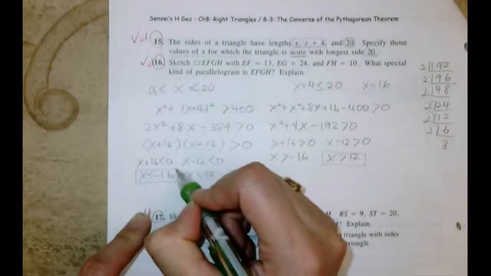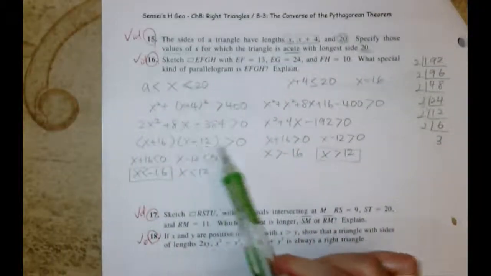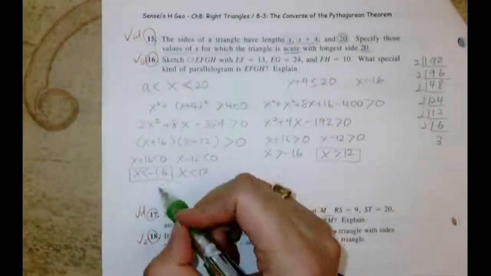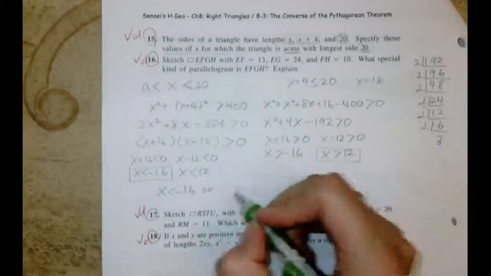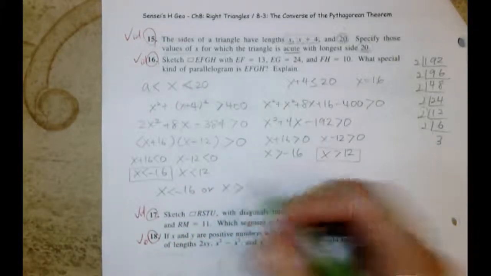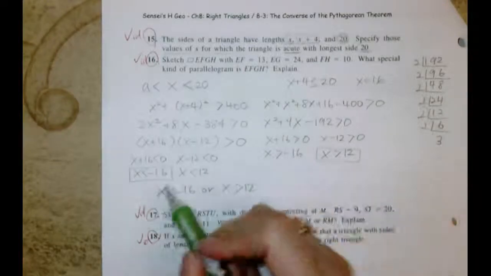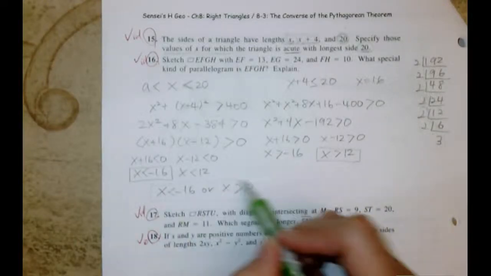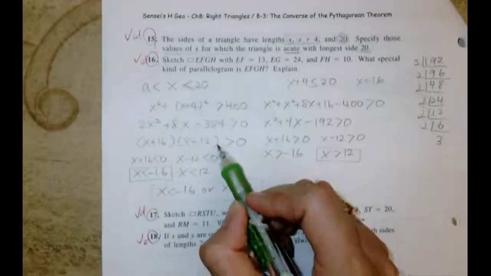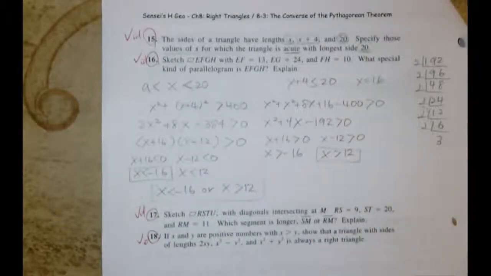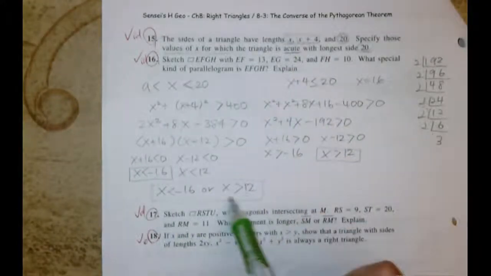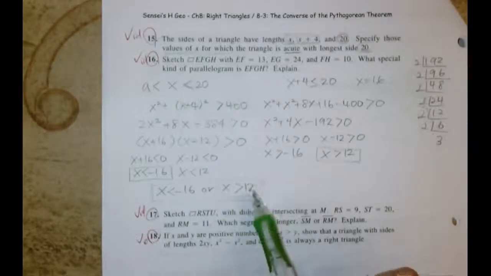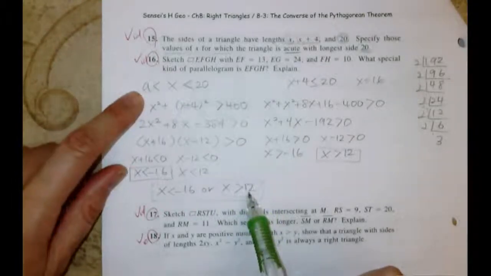Okay, so the solution of this quadratic inequality is that x is smaller than negative 16 or x is greater than 12. So that's the answer for this quadratic inequality. And now, which one do we reject? x is a length, it cannot be negative, so this is the one that matters, okay? And that's what goes into a.